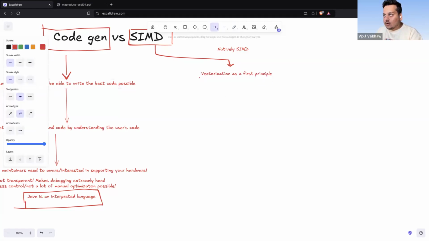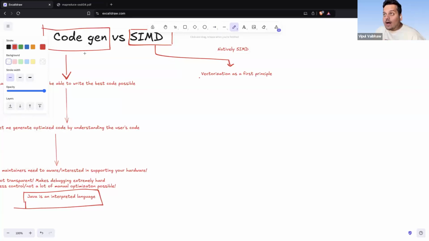Instead of injecting, doing code generation and everything, let's make the data structure parallel. Let's make all the execution natively parallel by default. So the change in the mindset is: Spark is over concerned about making things correct in the distributed setting.